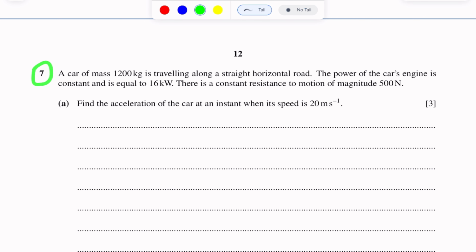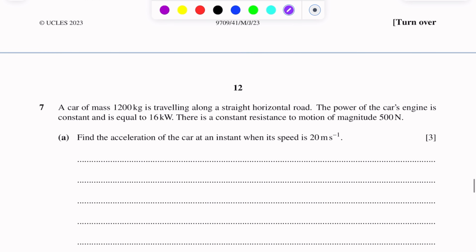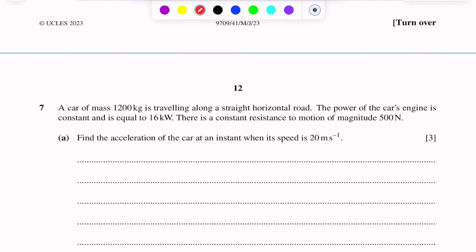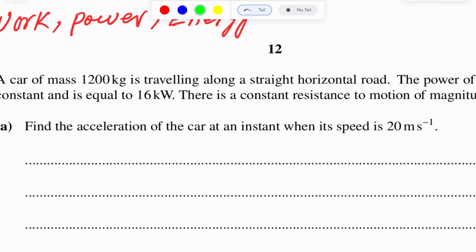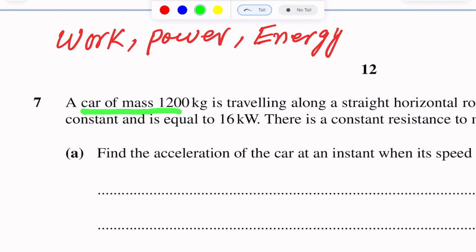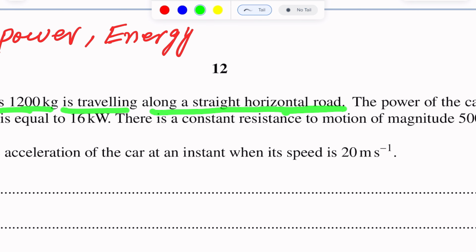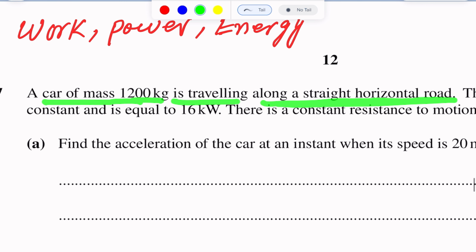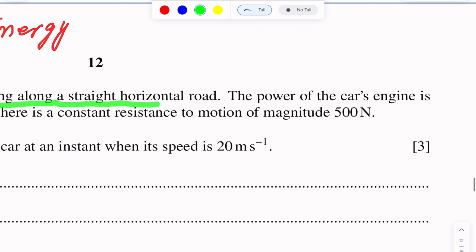Number 7. This question is from work, power, and energy. A car of mass 1200 kg is traveling along a straight horizontal road.